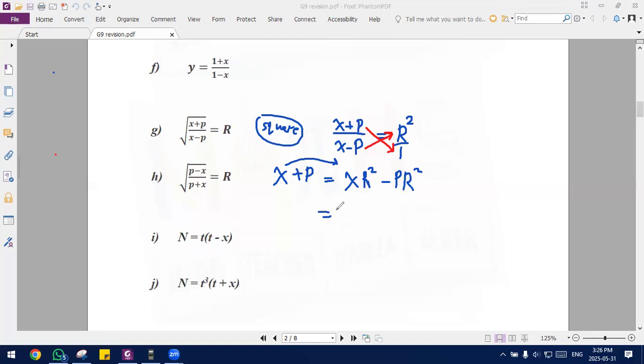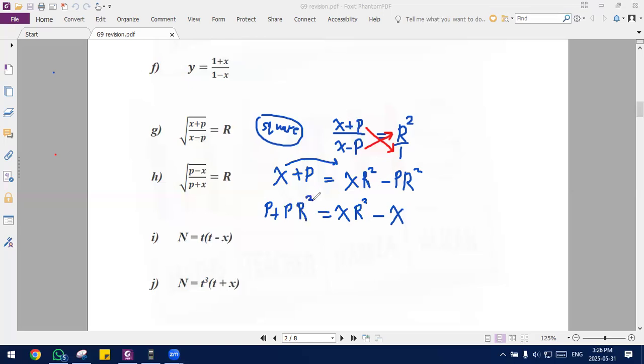So I will have x r squared. When x goes to the other side, it will be minus x. Equal to, here I have p, and this one, plus p r squared. Plus p r squared. Good.